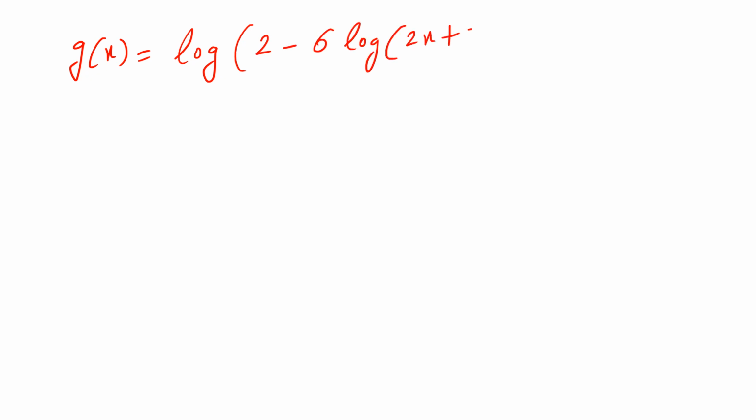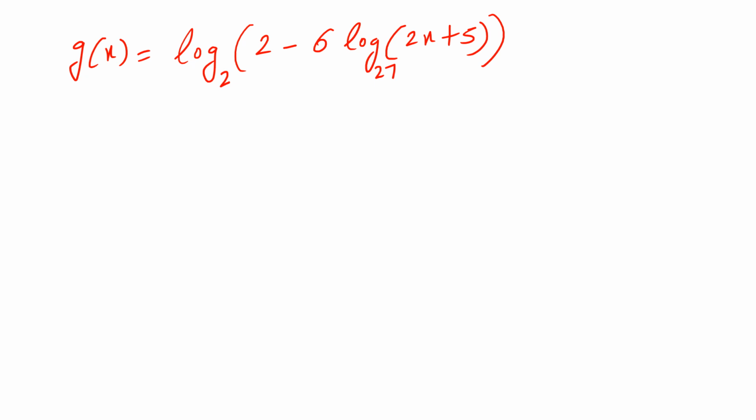Now students, we find the domain of the function g of x. Now g of x is given as log of (2 minus 6 times log of (2x plus 5)). And the bases of these logarithms are 2 and 27 respectively. Now students, we know that the input of a logarithmic function must be greater than 0.